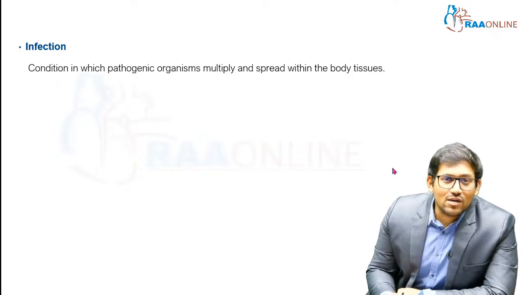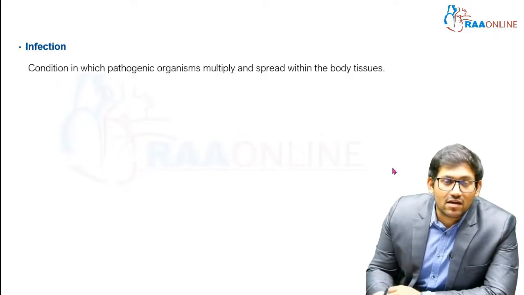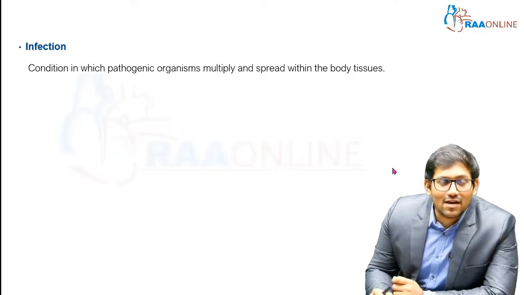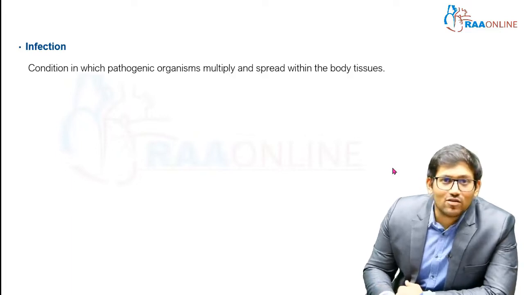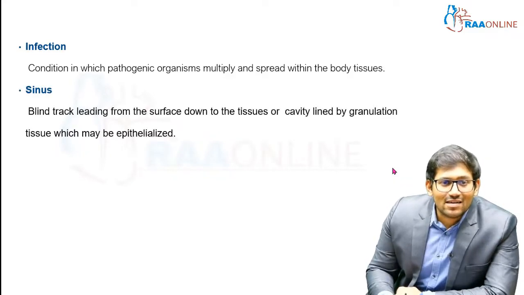Infection is a condition in which pathogenic organisms multiply and spread within body tissues. This can occur in any part of the body, any body tissue, which is going to have a relative outcome due to the causative pathogenic organism which gets infested within the body.